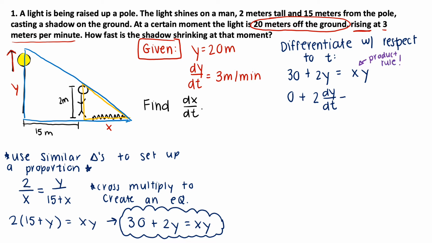So this is equal to the first times the derivative of the second. So x dy dt plus the second y times the derivative of the first dx dt. So we can leave that 0 there, or we can get rid of it because it doesn't really make a big difference. Okay, from here we're going to plug in what we know.